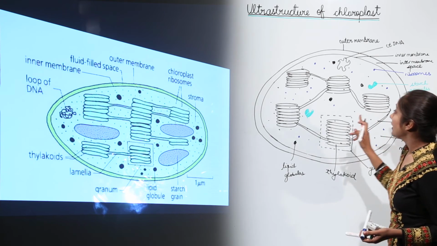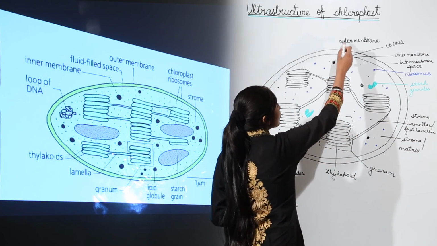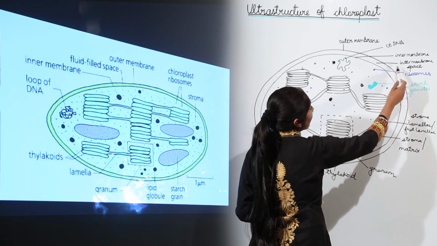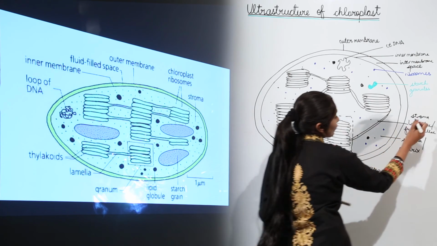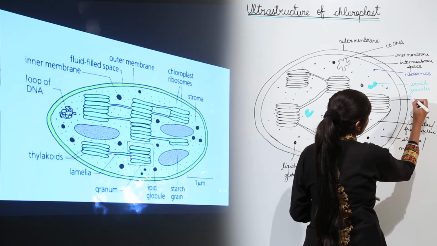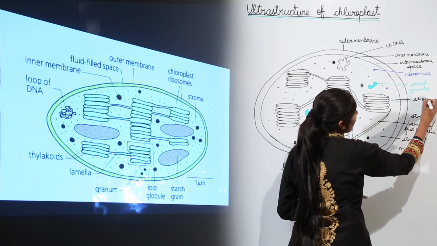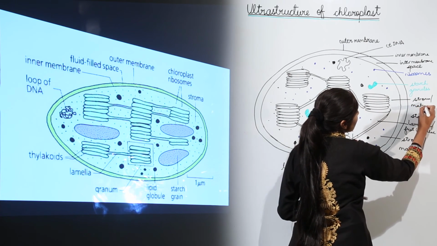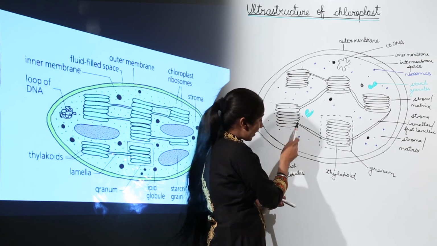Okay. Let us remember: outer membrane, inner membrane, intermembrane space. Then we have stroma, or stroma is also known as what? Stroma is also known as matrix. Then we have drawn these discoid thylakoids.